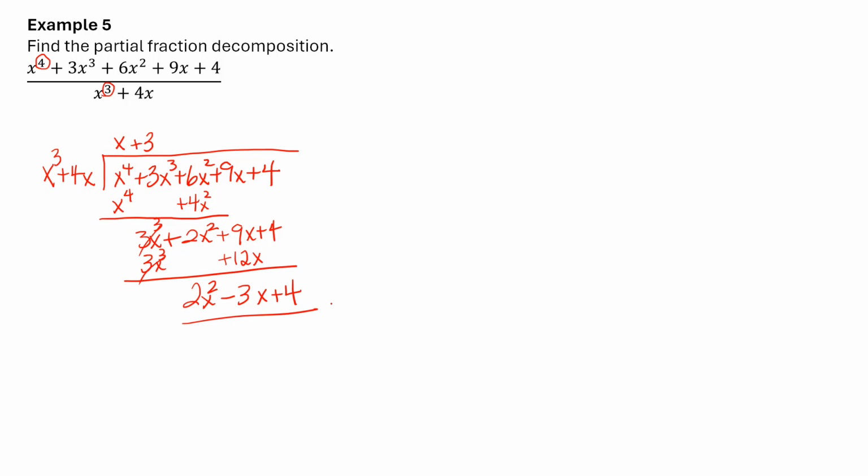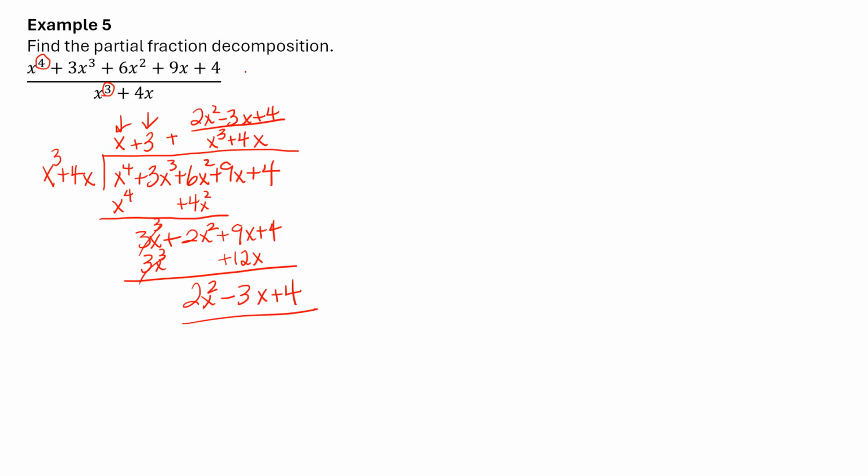So this is the remainder for this division problem because the power is lower than x cubed. So that's the remainder, so 2x squared minus 3x plus 4 over x cubed plus 4x. Okay, so this stuff right here, that's already as simple as it can be.